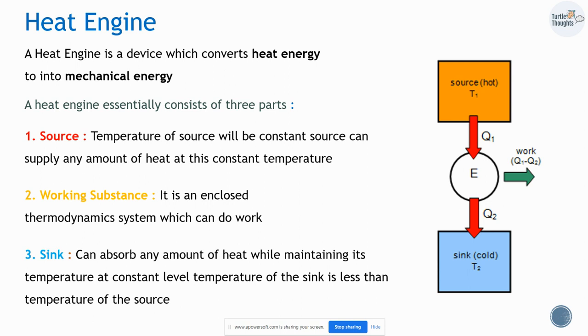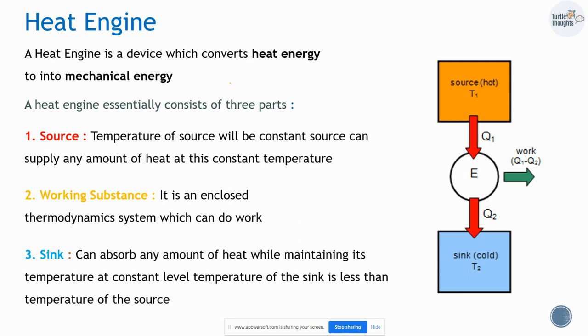Next, we are going to consider the heat engine. A heat engine is a device which converts heat into mechanical energy. A heat engine essentially consists of three parts: source, working substance, and sink. The temperature of the source is going to be constant and it can supply any amount of heat at this temperature.